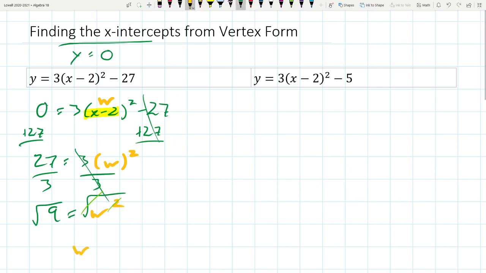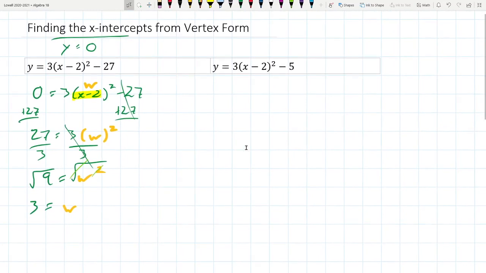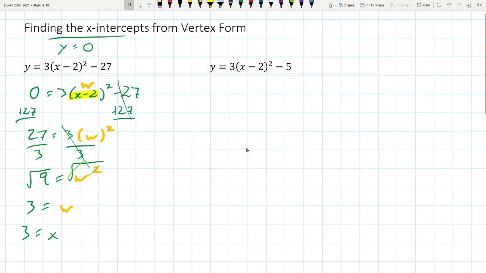Remember that w is not what we're looking for; we're looking for x. If I remove the disguise, 3 equals x minus 2, and adding 2 to both sides, x is equal to 5.